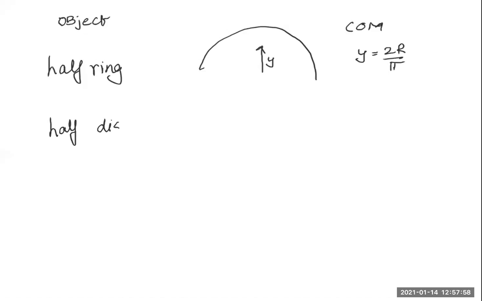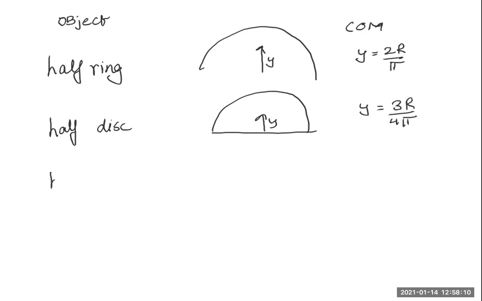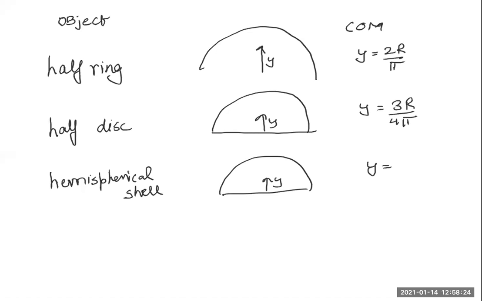Half disk, center of mass is equal to 4r by 3 pi. Hemispherical shell, center of mass equal to r by 2.